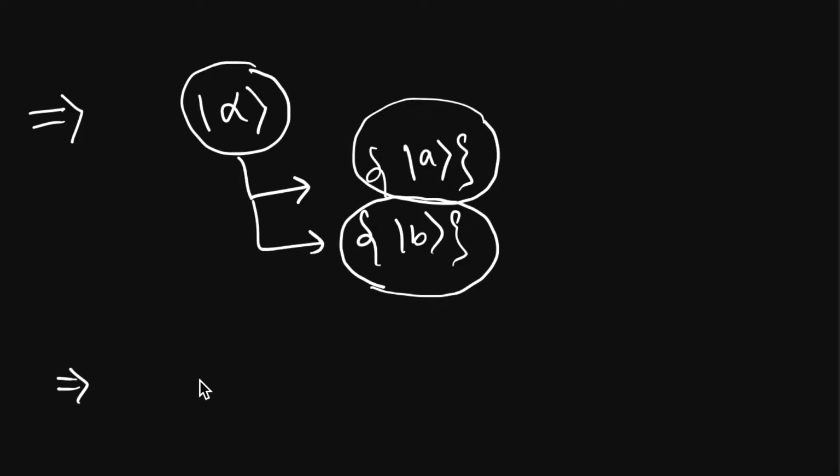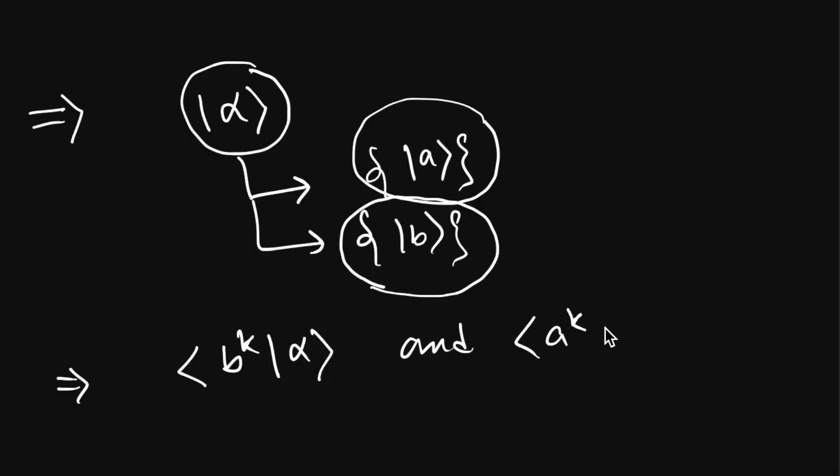That means what is the relation between bk alpha and ak alpha?